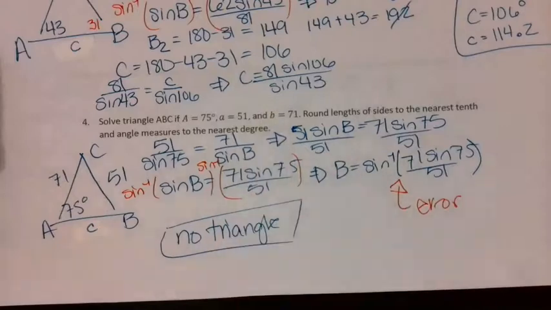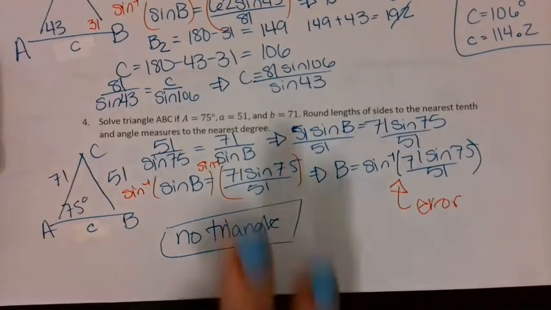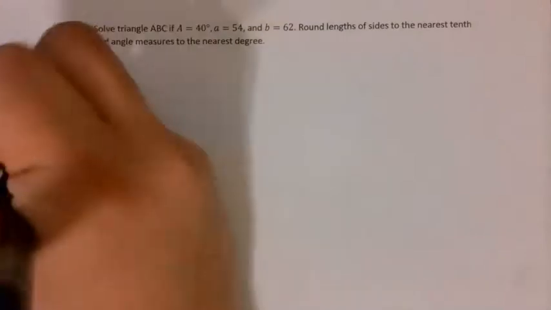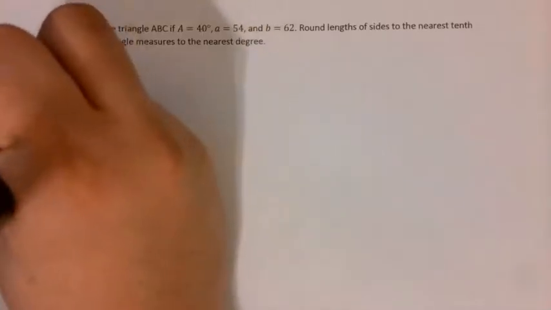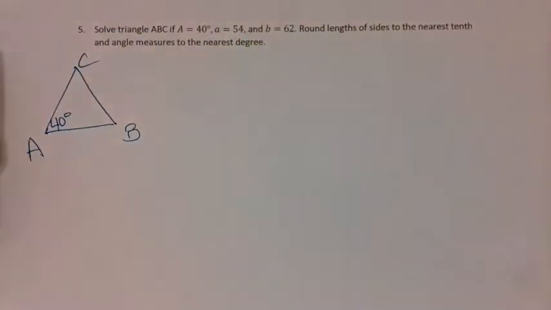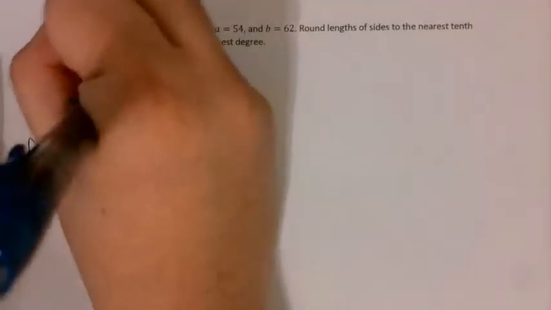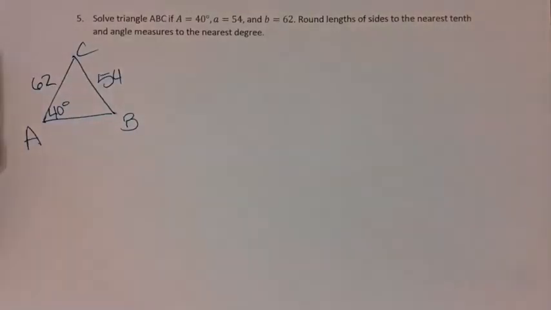Now our last case is going to be two triangles. So this one is telling me to solve the triangle, and it gives me my angle measure of A, my little a value, and my b value, which I have correctly placed this time.